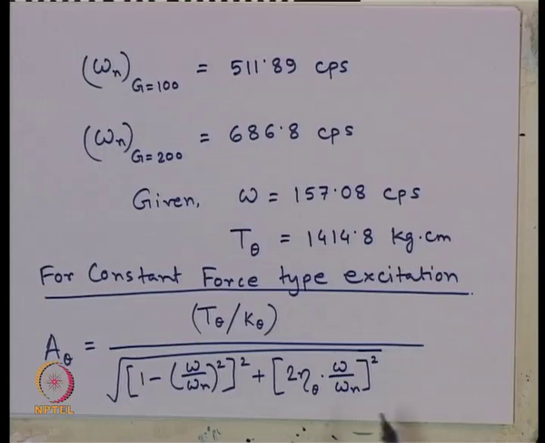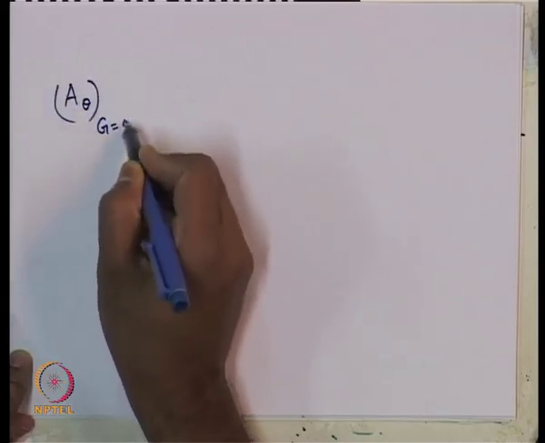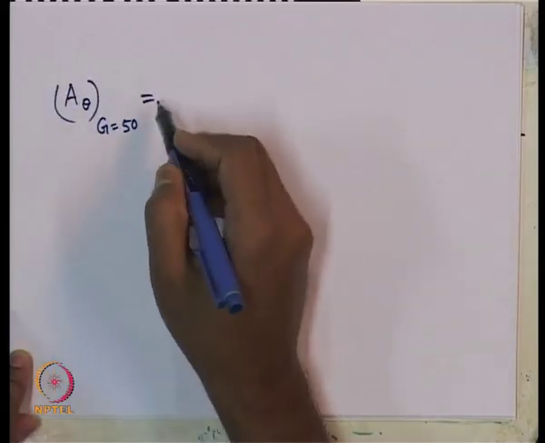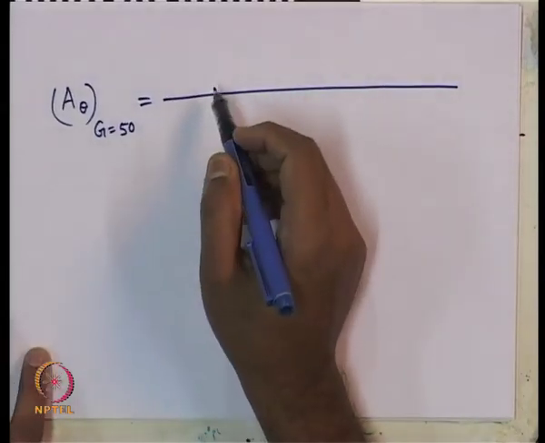It will be radian once again, because it is a torsional displacement. T theta and K theta have the same unit, so it gives radian, that is angular displacement. So, A theta that we were calculating for the first type of soil with G equals to 50 kg force per centimeter square is coming out how much?